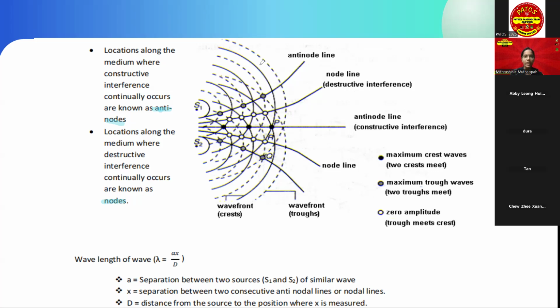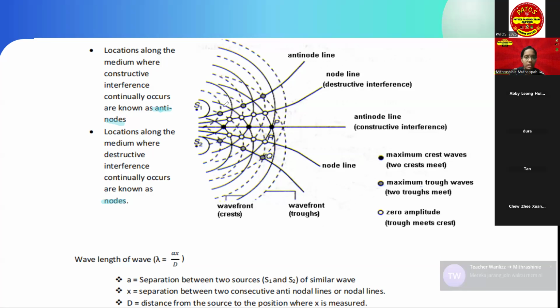So how do we identify constructive and destructive interference? As we saw just now, constructive interference is when a crest and another crest, or a trough and another trough, are in superposition. So here they've said it's an antinodal line. Let's see if it's really true. Here we have a dotted line which represents the trough, and the crest, which is the straight line.